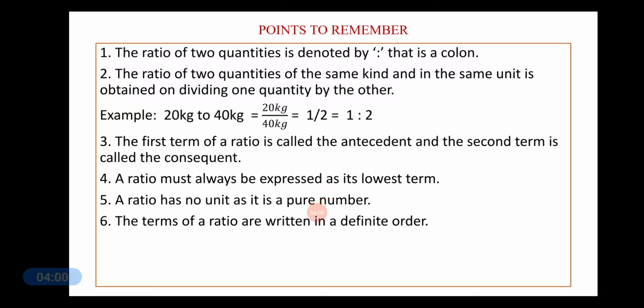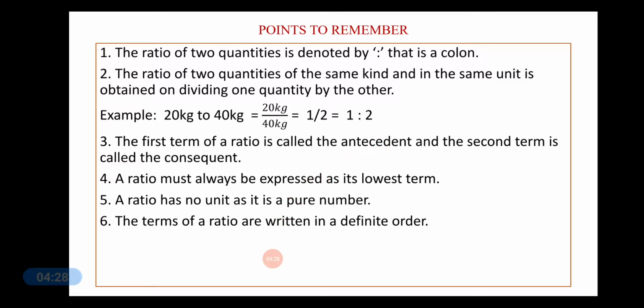The third point. The first term of a ratio is called the antecedent and the second term of the ratio is called the consequent. That is, in this ratio 1 is to 2, 1 is the antecedent and 2 is the consequent.